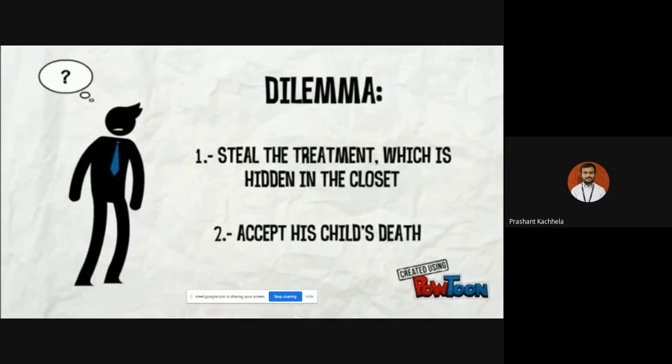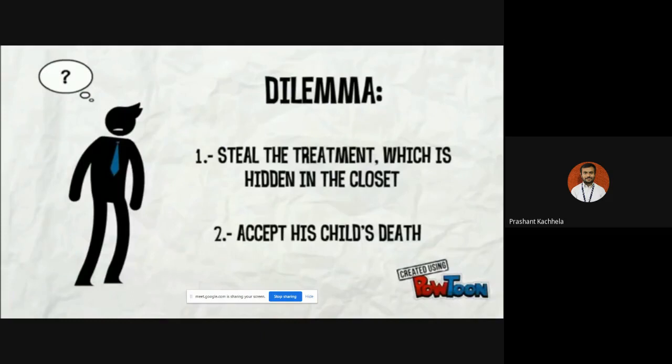Okay, so let me also explain what was happening in the video. In this video, there is one person who met with an accident, and his father. You can see here on screen. The father took him to a nearby hospital and requested the hospital, this is my son who met with an accident, so please do the treatment so that we can save his life.